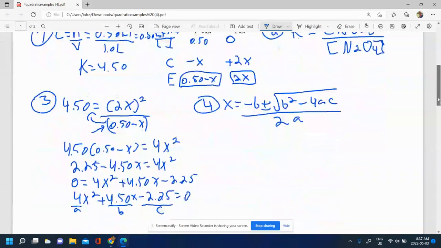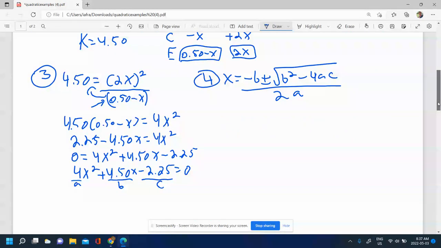And so when you do this, you're going to get essentially two x values. And here's why. So let's go ahead and carry this out. Essentially, one of them is going to be a plus and one's going to be a minus, right? You're doing minus b plus this or minus b minus that.